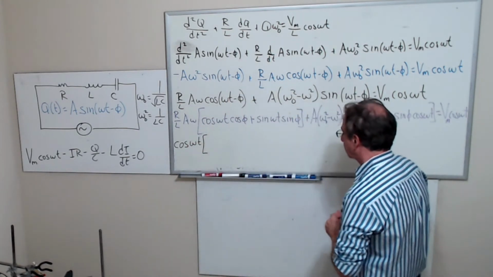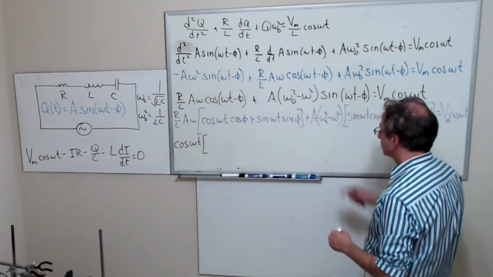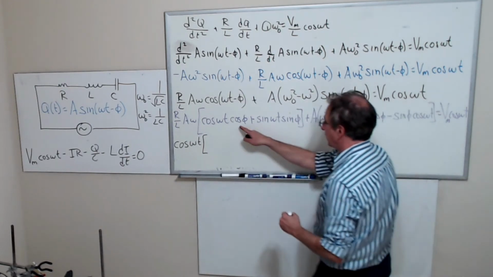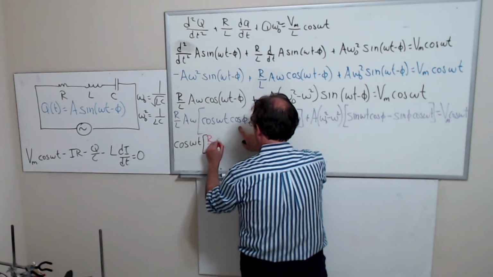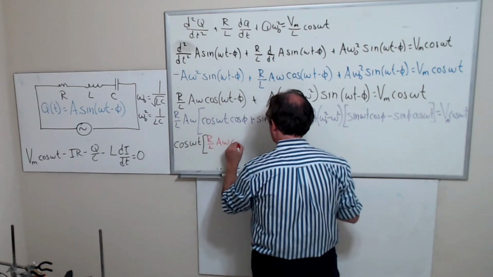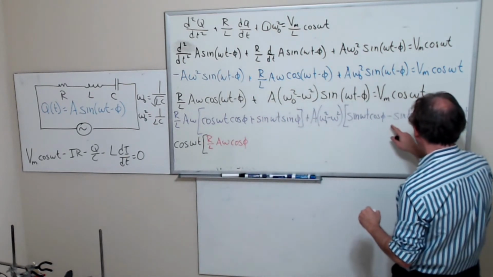And I'm going to write the terms here in red. So all the terms of cosine omega t, here's one of them. And let's see, here's another one.